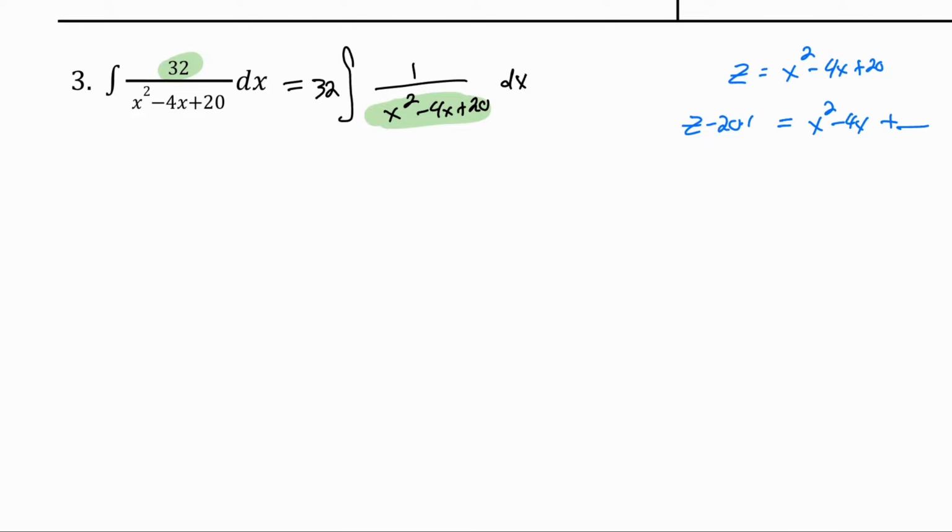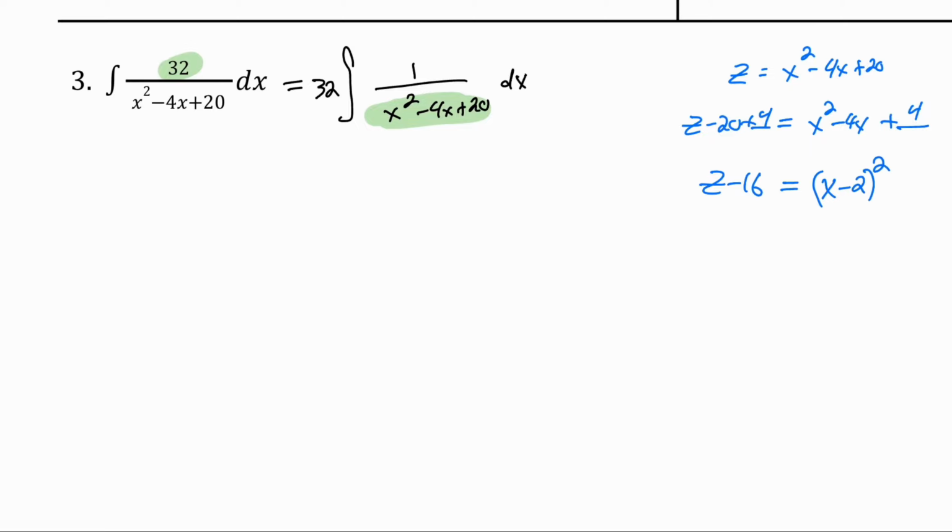We find the value we have to add in. Half of negative 4 is negative 2, squared is 4, so we add 4 to both sides. On the left-hand side, we have z minus 16 equals, and on the right-hand side, x minus 2 squared.